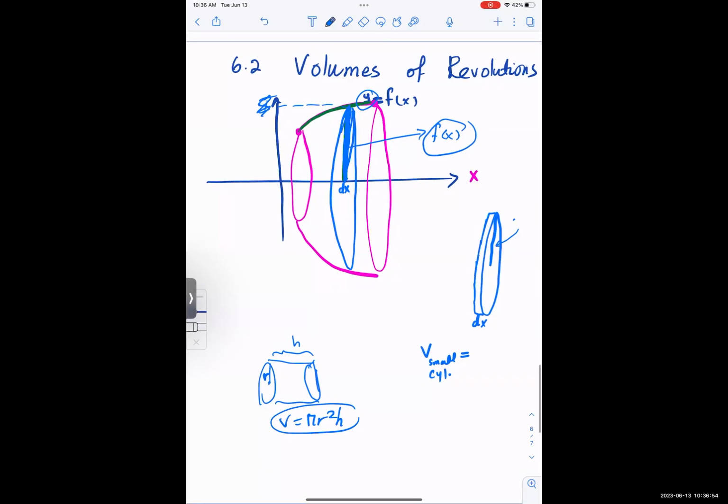So then the radius here is f of x. So in order to find the volume of this small cylinder, I have pi r squared, f of x squared, times height, which in this case is dx. Agreed? I need a couple of confirmations to see if you understood how I found the volume of this small cylinder.